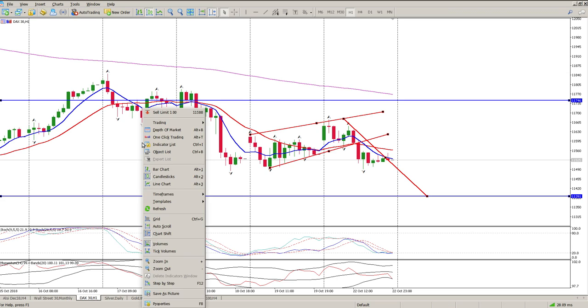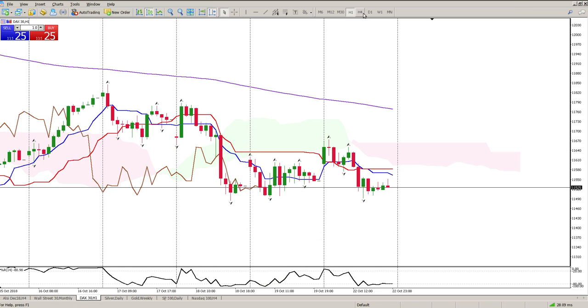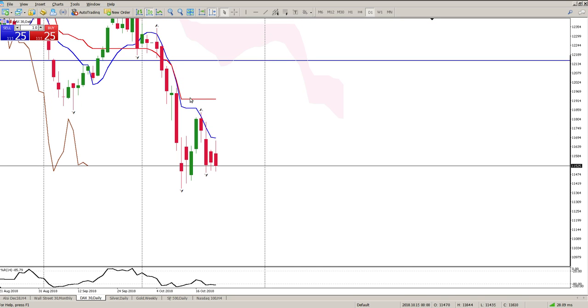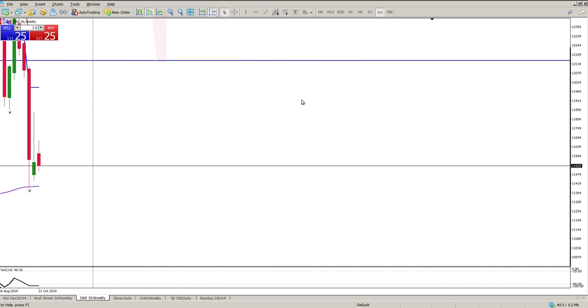Let's just close off on the Ichimoku and see what's happening here. So on the daily, flat Kijun-sen, which is not something that I'm very interested in, and we're very far from Kijun-sen as well. So I'm reluctant to play shorts there.